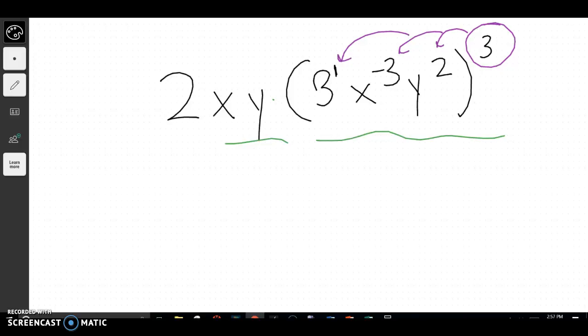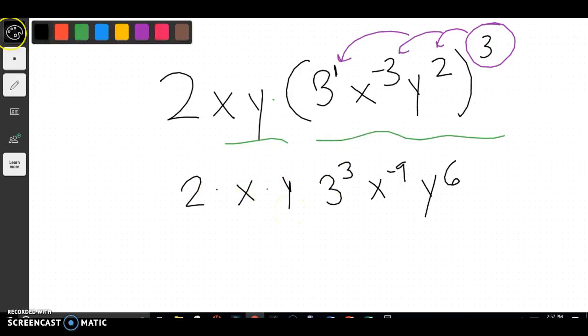Well, y squared is going to give us y to the 6th, because 2 times 3 is 6. X to the negative 3rd will give us x to the negative 9th, because negative 3 times 3 will give me negative 9. And 3 to the 3rd will be 3 to the 3rd.